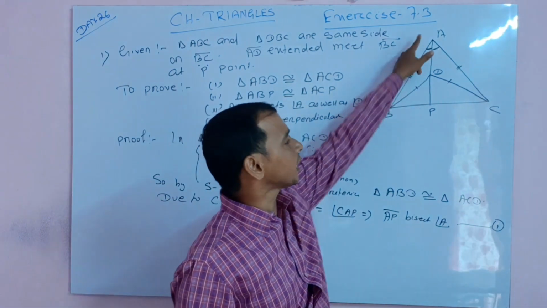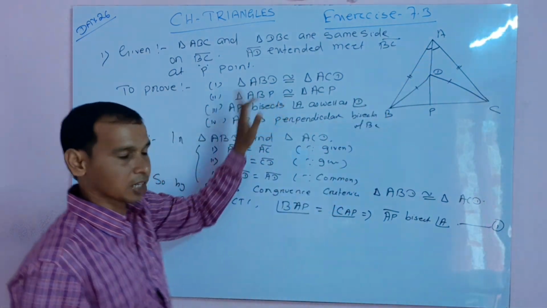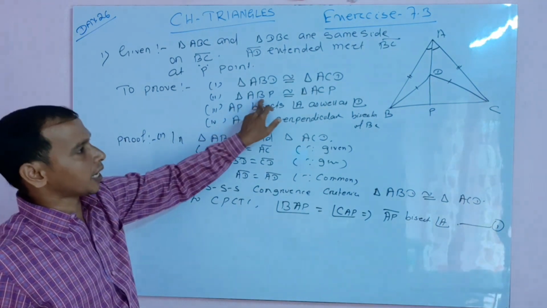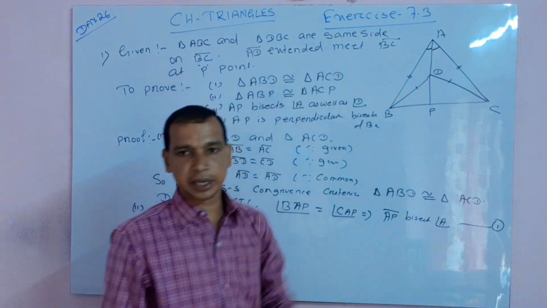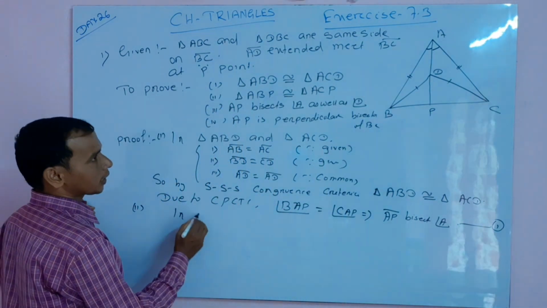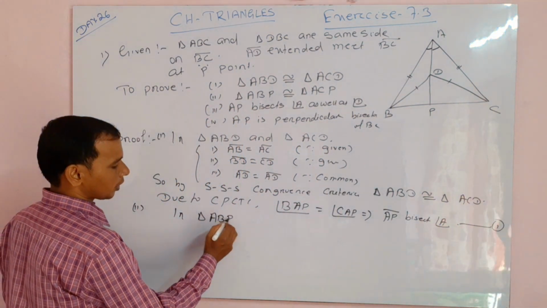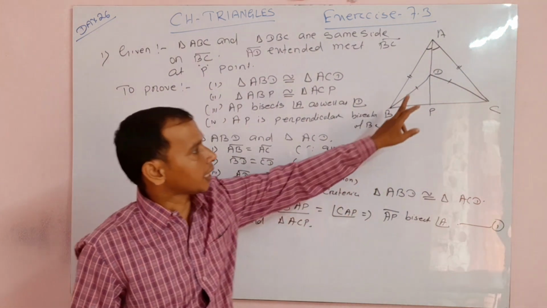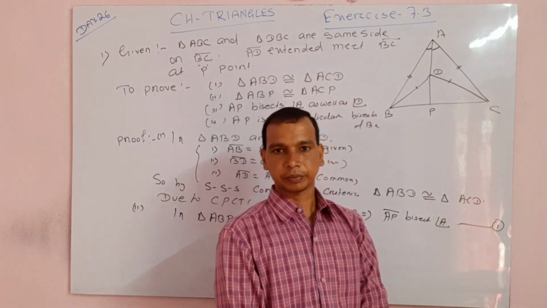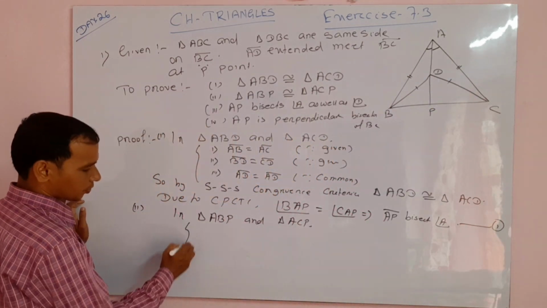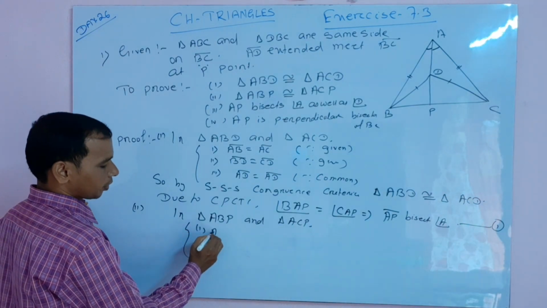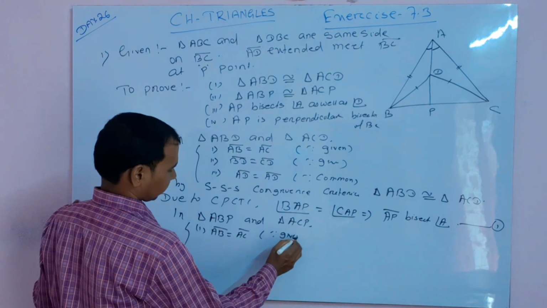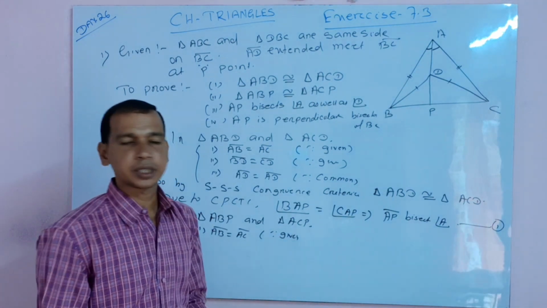First option complete, then for the second, you just take triangle ABP and triangle ACP. In triangle ABP and ACP: first, AB is equal to AC because given.